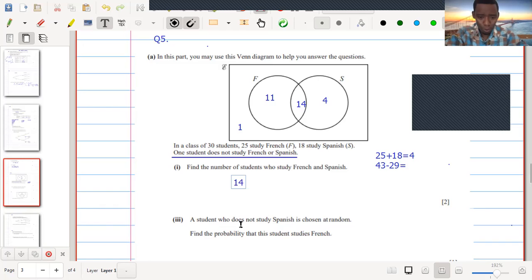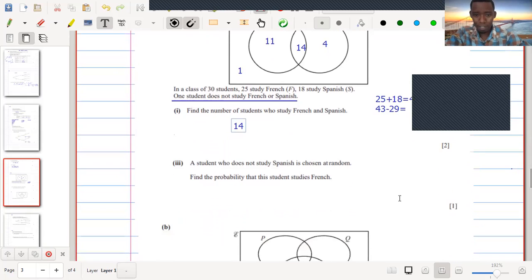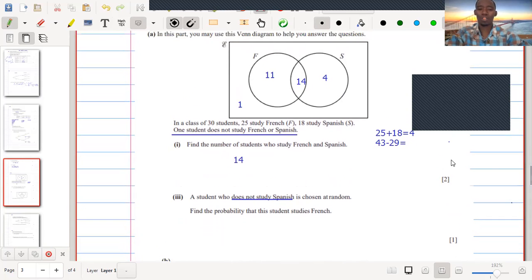And then a student who does not study Spanish, I must write this one. A student who does not study Spanish is chosen at random. Find the probability that this student studies French.